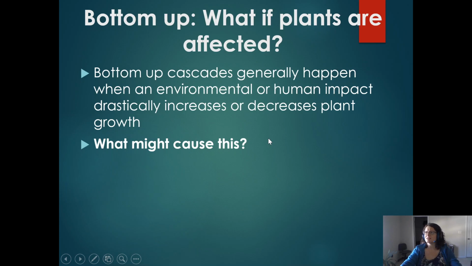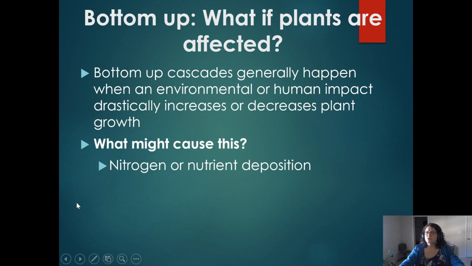Something that might cause that would be a forest fire or deforestation or some sort of event where the plants are impacted, maybe a drought, something that's not necessarily human impact. It's usually widespread. You kill off a bunch of plants. Everything above that isn't impacted.